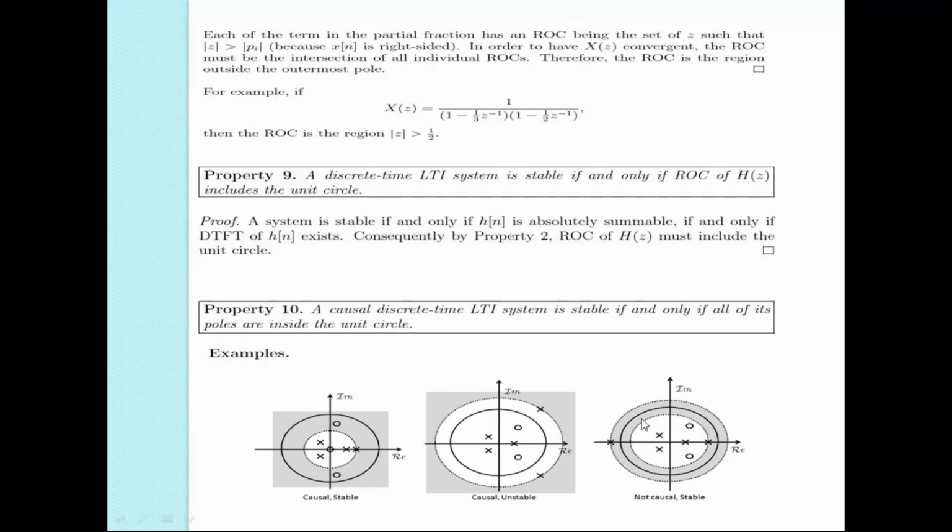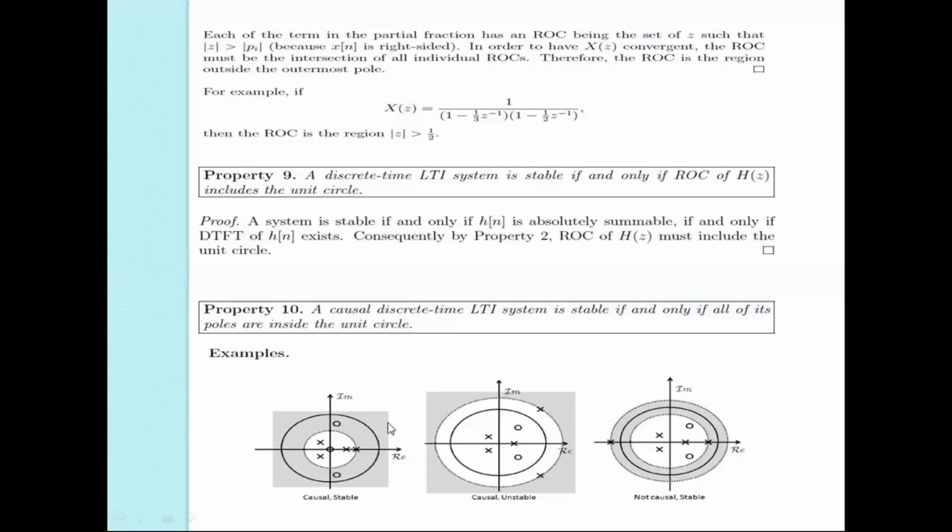The poles that are present inside this circle, causal and stable. The poles that are present inside the circle, and if any one pole is outside the circle, non-causal and stable. And see here, inside and outside is also there, unstable system.